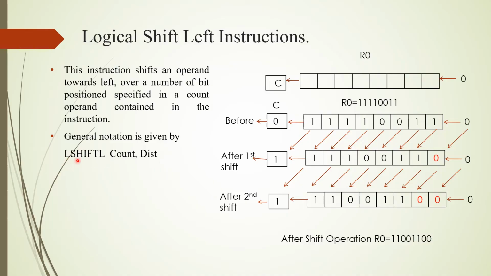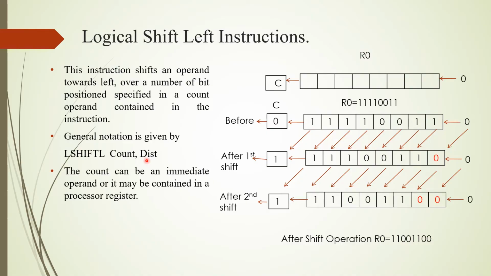Here, LShiftL is an opcode which tells to logically shift towards left by the amount given in the count, and the shift operation is performed on the content of the destination operand. The count can be an immediate operand or it may be contained in a processor register.